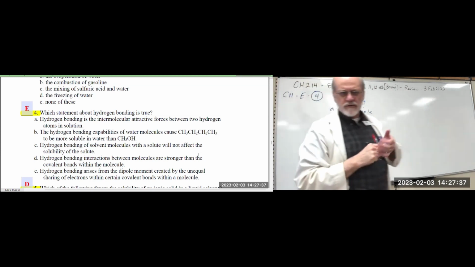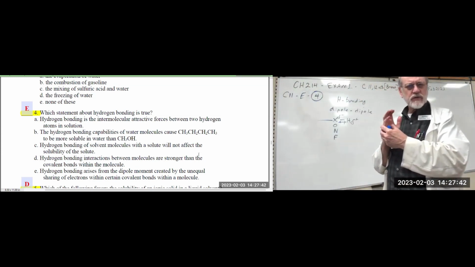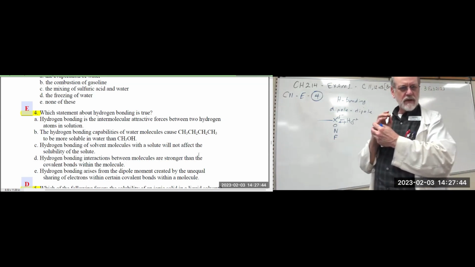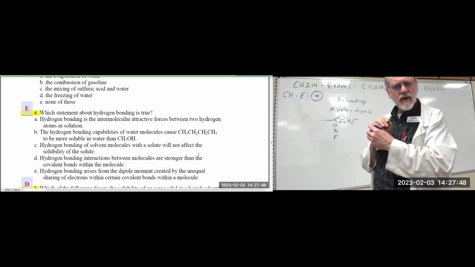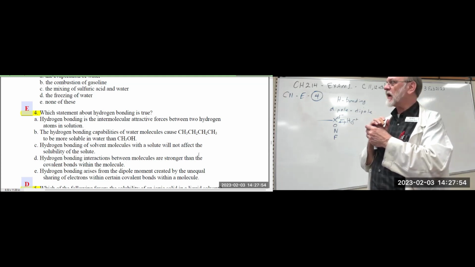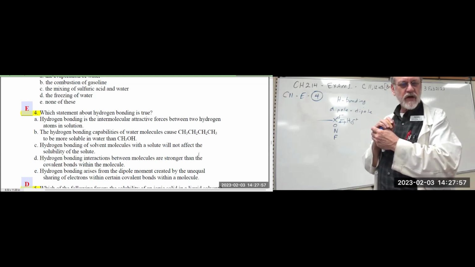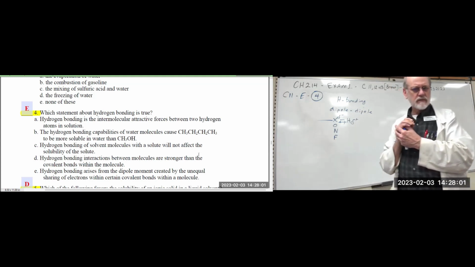Okay, let's see which ones fit that. Hydrogen bonding is an intermolecular attractive force between two hydrogens. Nope. Hydrogen bonding capabilities of water molecules cause butane to be more soluble in water than, no, butane's nonpolar.